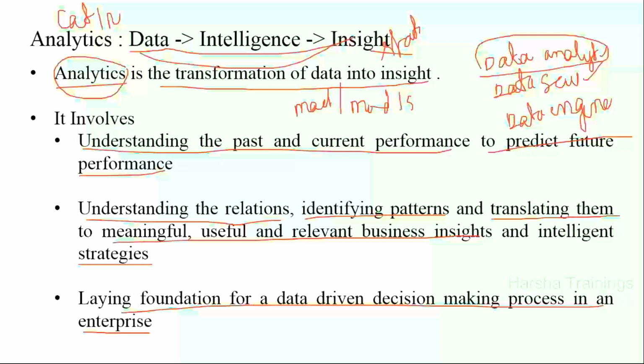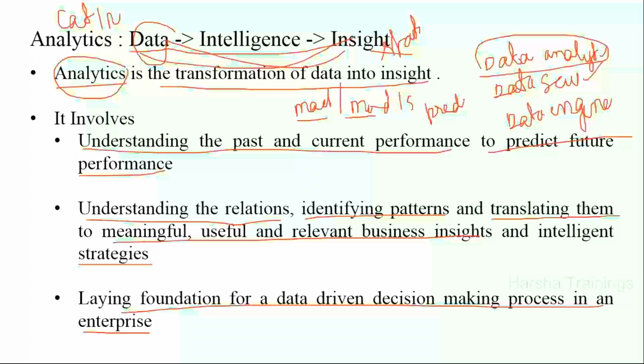Data analytics means once you transform the given data into insights, your job is done. But in data science, we are going to create a machine, a model. This model will work for any type of data, any number of times. Here I'm going to create predictive analytics.